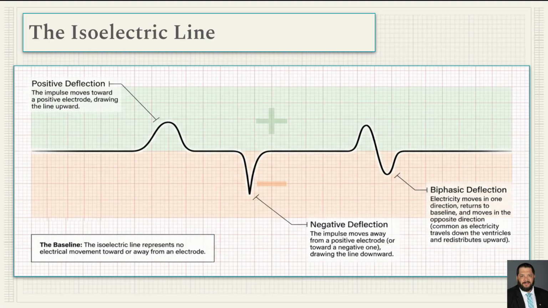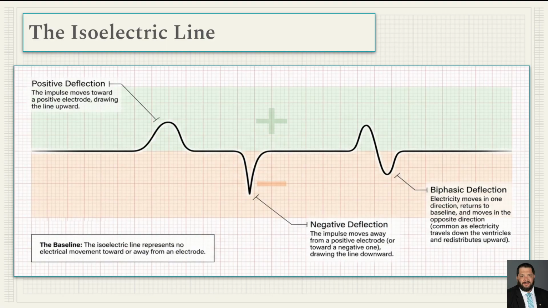We can then look at deflections based on the movement of electricity towards the positive electrode or towards the negative electrode, respective of the lead that we're evaluating. If the electricity is moving towards the positive electrode, you're going to see a positive deflection of the isoelectric line.